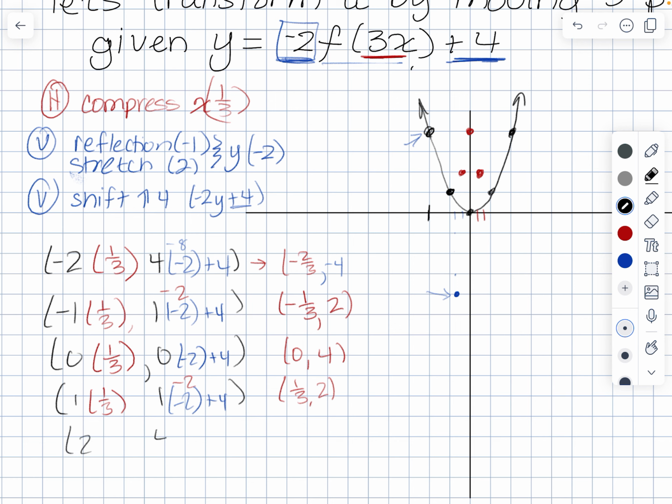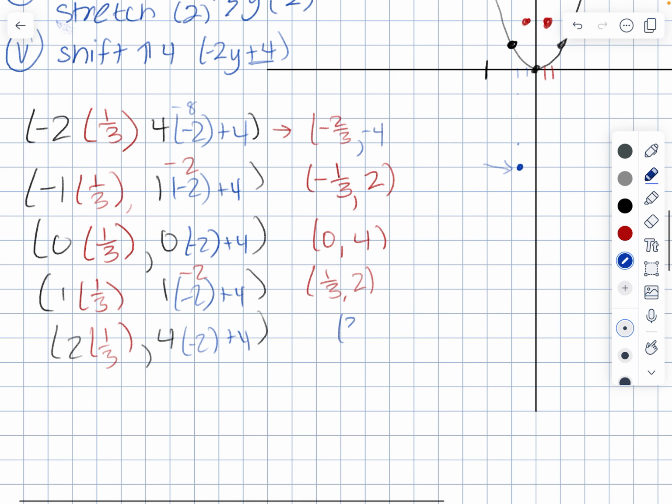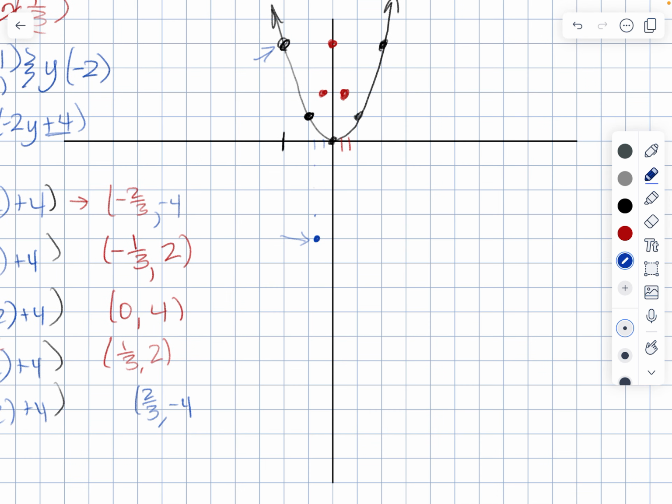We're going to take the point 2, 4, multiply 2 times 1/3, and 4 times -2 plus 4. That would be the point 2/3, and then -8 plus 4 is -4. So that would be 2/3 down 4. And here would be our transformed function.